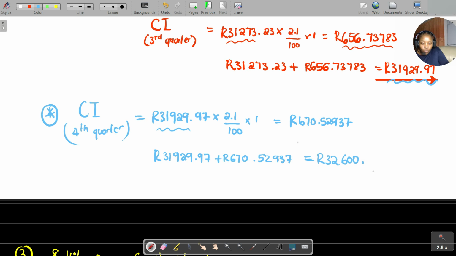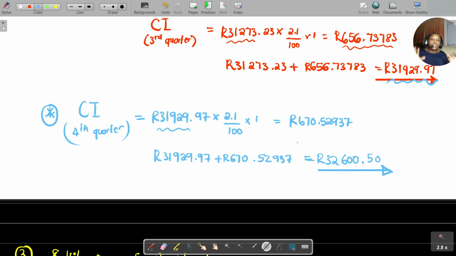I'm just going to round it off to 2 decimal places. You'll see that it's 50 because it is 49937, and obviously if you round that off to 2 decimal places, it's just going to be 50. So this is how much she will owe her parents at the end of the first year if she's charged an interest rate of 8.4% per annum compounded quarterly.